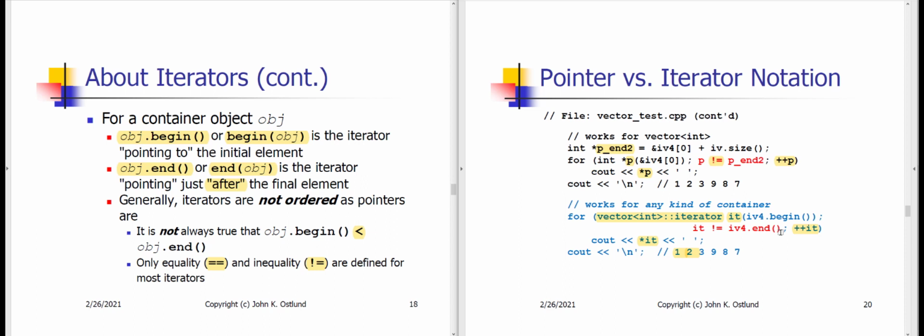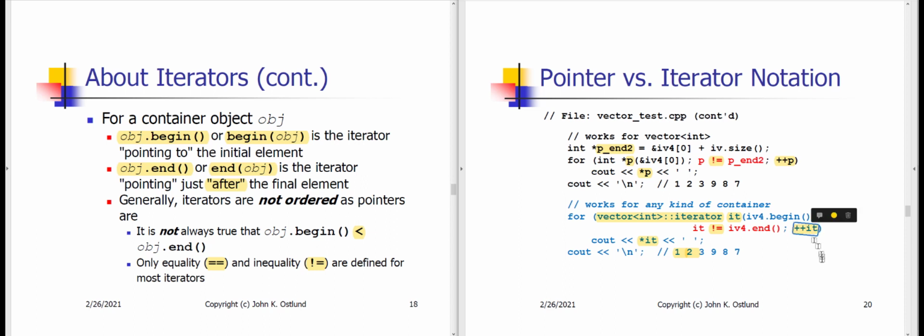Okay, so an iterator mostly behaves like a pointer. I don't use a star when I declare the iterator, but I can compare the iterator for equality or inequality with some other iterator. In this case, I'm comparing IT with the end. I can also use star on the iterator to access the value that the iterator is, quote, pointing to, unquote.